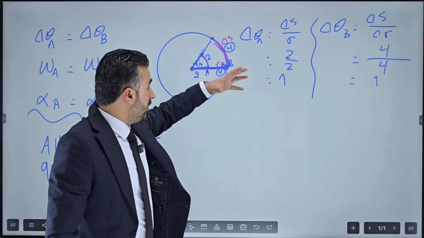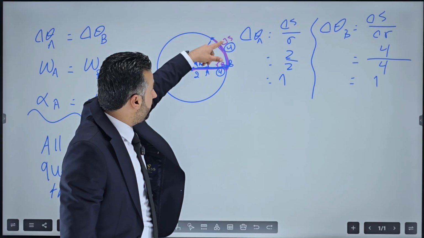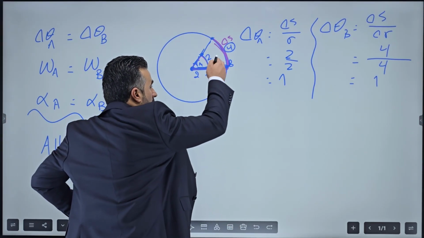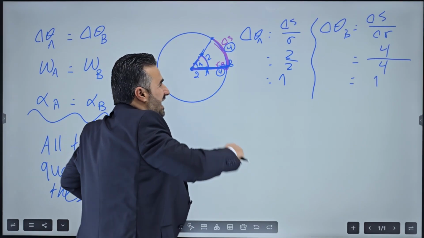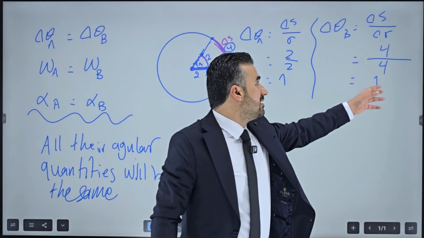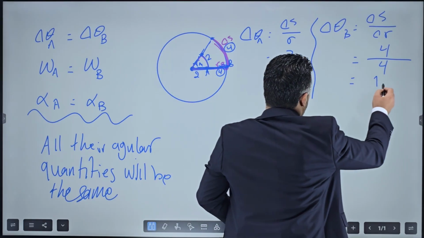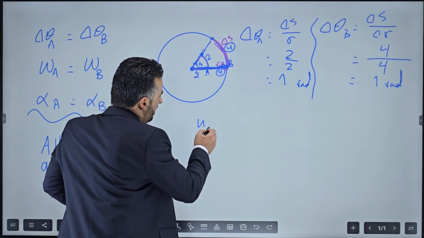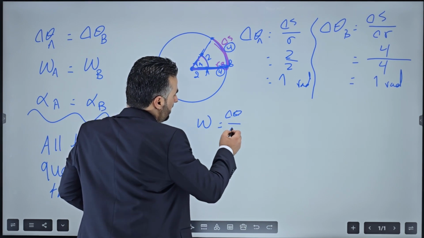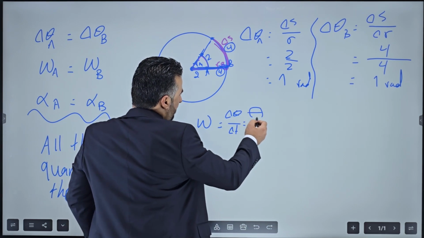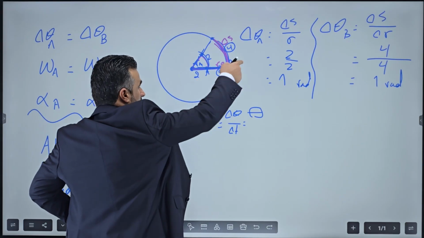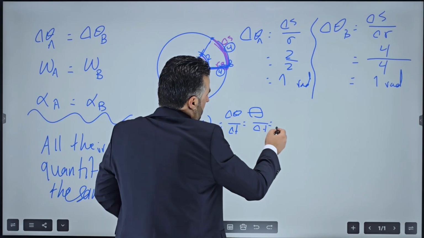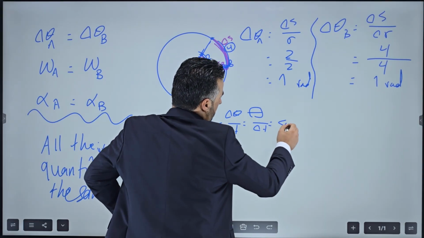It is true that when we rotate an object, the arc length for point B will be larger, but because the radius of point B is larger as well, these two large numbers cancel the effect of one another, so we'll get the same thing here. This is going to be in radian and radian. And we know that if they have the same angular displacement, their angular speed is equal to angular displacement over the time too. So if their angular displacement is the same, they take the same time to rotate because they will all rotate together. So clearly we can say their angular speed is also going to be the same here.